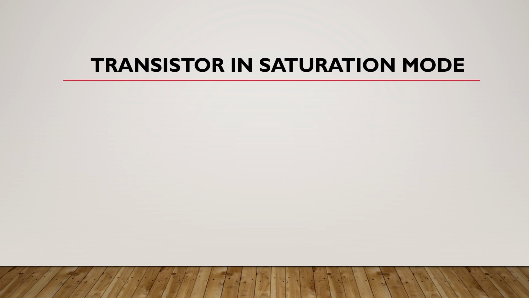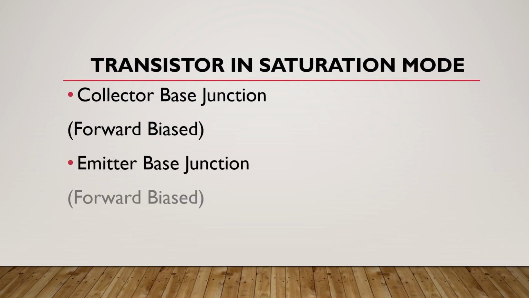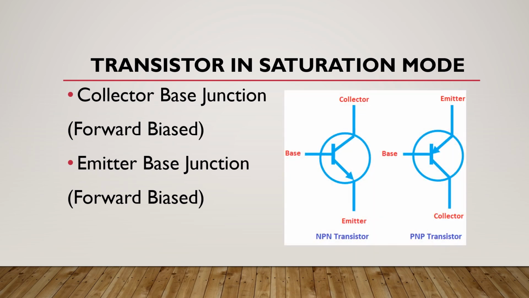Now we will understand the transistor in saturation mode. In this mode, the collector base junction is forward biased and the emitter base junction is also forward biased. Now look at this figure. It means in this NPN transistor, in saturation mode, this junction is forward biased and this junction is also forward biased.